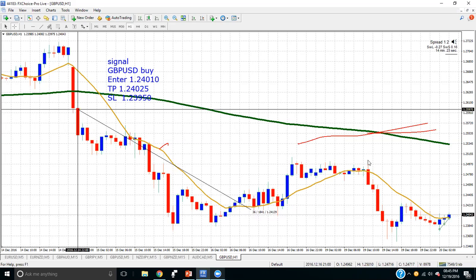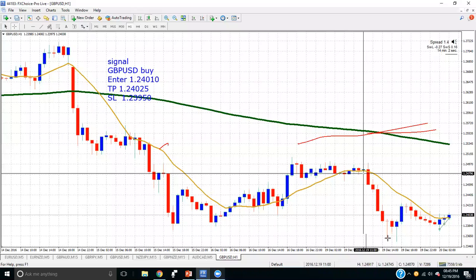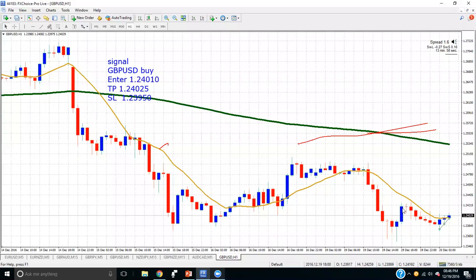Now, I wouldn't have gone into a buy here because I'm below the profit line, but when it crossed this profit line, or this goldenrod again, this EMA, I would have gone into another sell, and that's for another 119 pips. And then if you want to get out when it reverses, you can, because you don't know if it's going to do this or if it's going to do this.